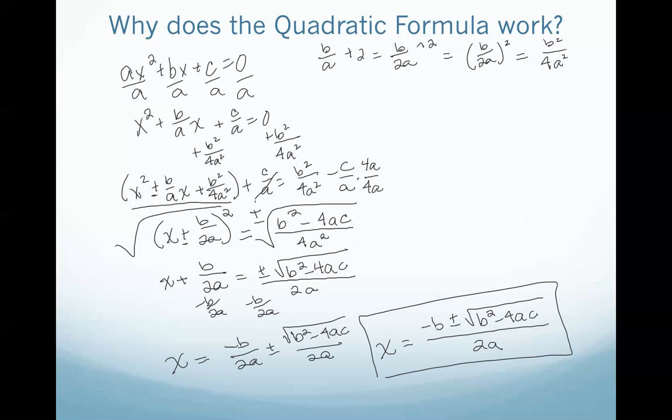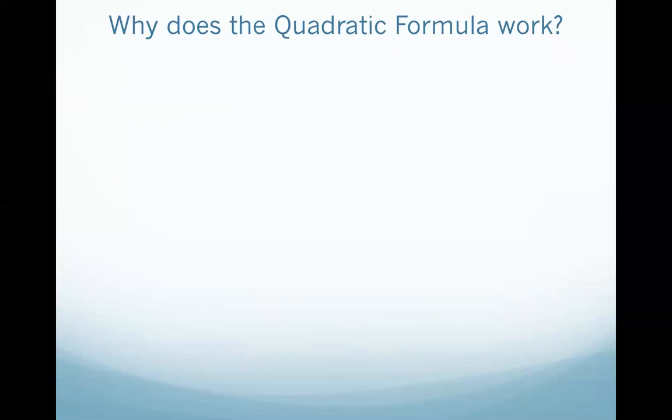As long as a, b, and c are real numbers, I can use the quadratic formula to solve for x. Because I solved this using only mathematical properties, including completing the square and the square root property, which means I can use this for any quadratic equation. So let's see if we can apply it.